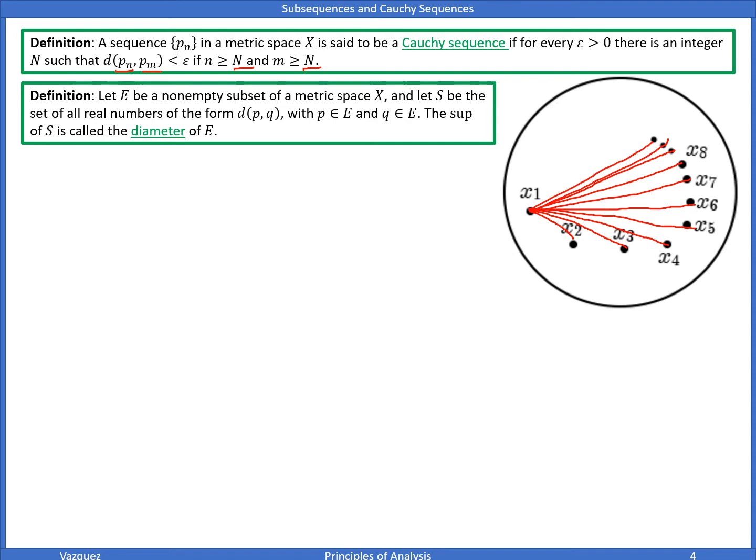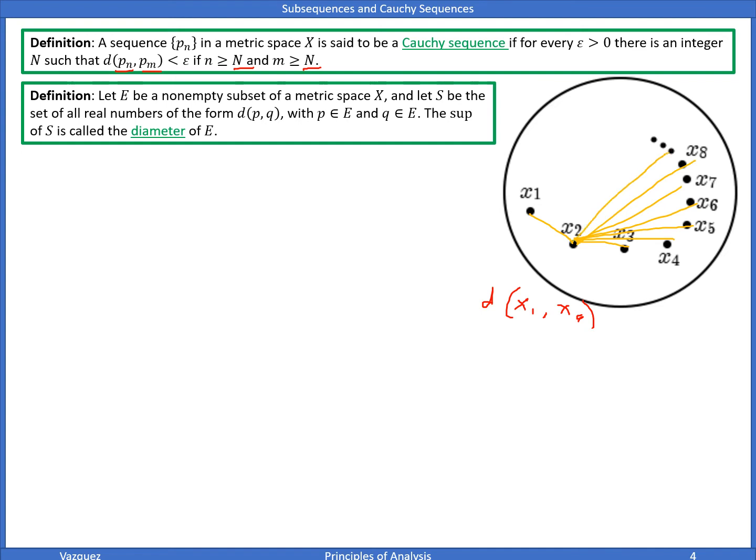What's the biggest one? Probably from x1 to x6 is what looks like the biggest distance. But we also have to consider all these other distances, so from x2 to x3 to x4 to x5, so on and so forth. Right? And then what's the greatest of those?